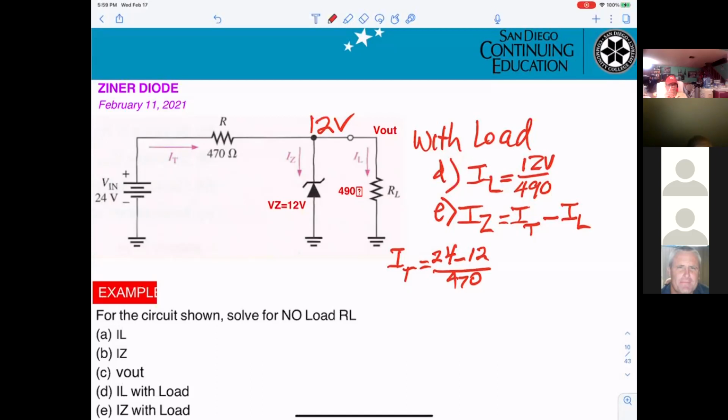Let's say VIN is 12 volts and the Zener diode is 12 volts. It still may not be in breakdown, but if it gets to 13 or 14 volts, maybe it'll go into breakdown then. Do you kind of get how it's going? Yeah, that makes more sense.